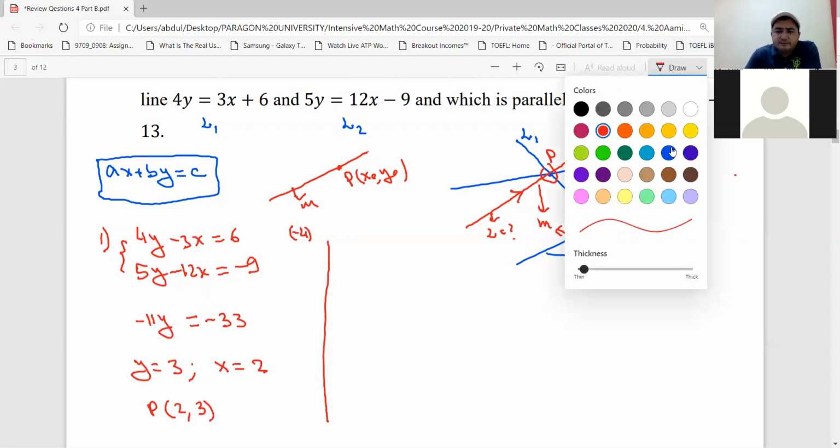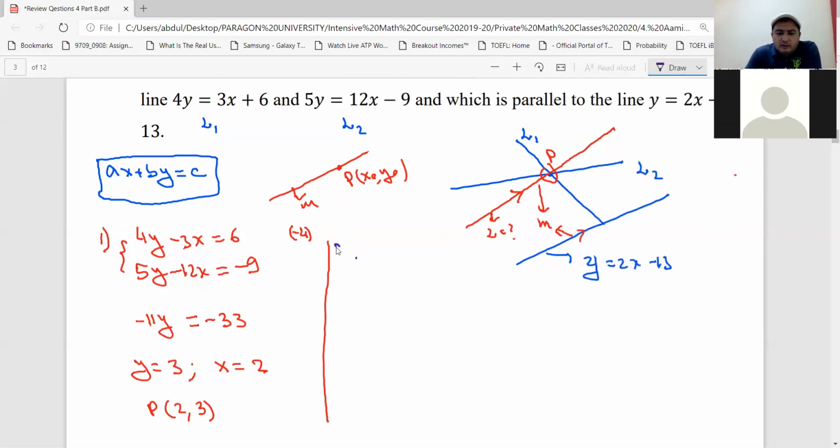And second step, we know that since that line is parallel to this line, the gradient of that line, this red line, should be equal to 2 because the gradient of this line is 2. And also it is passing through this point, 2, 3.